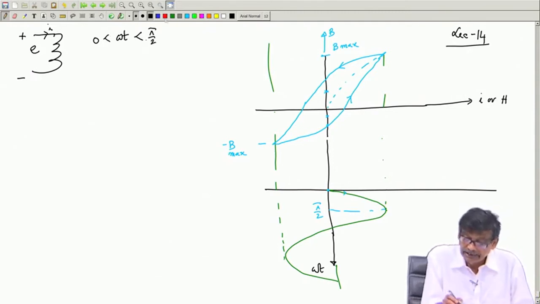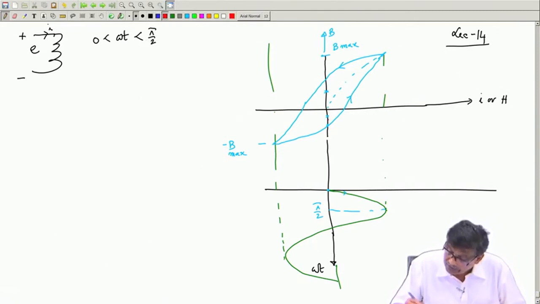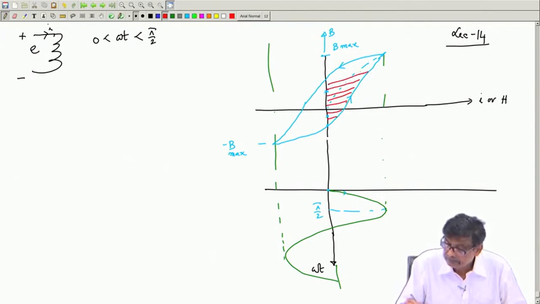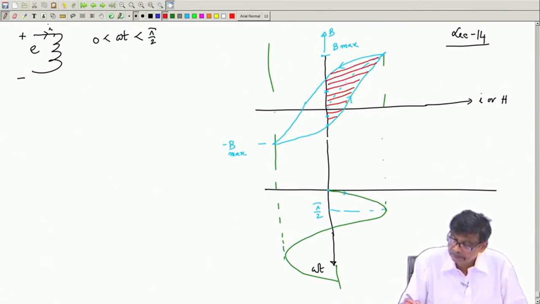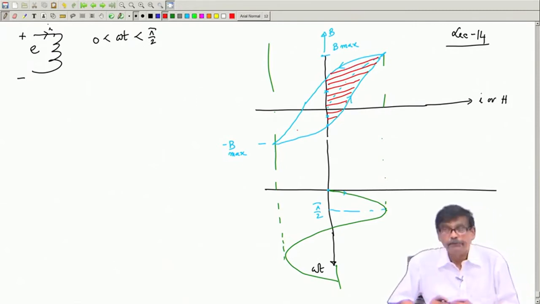And what will be the energy absorbed by the coil? Energy absorbed by the coil will be the area under this curve, that is, if I hatch it, it will be like this. So, this area will correspond to the energy absorbed by the coil.